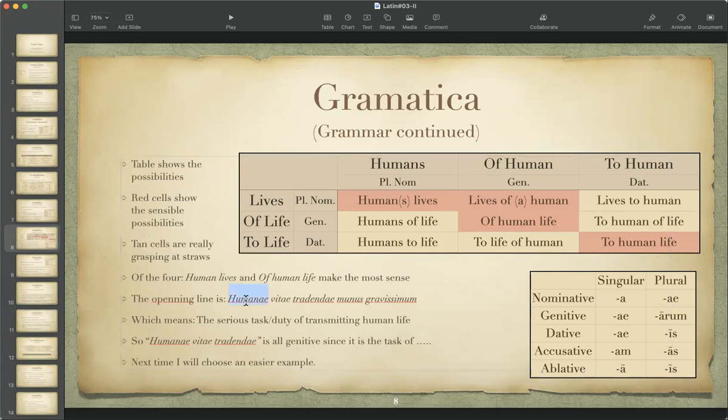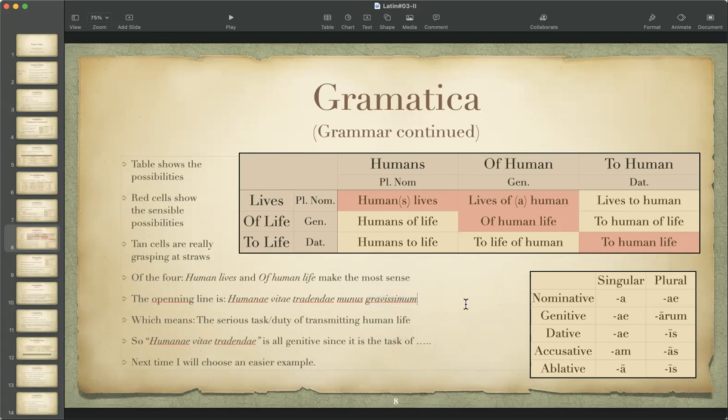And so the whole opening line is Humanae Vitae tradendae munus gravissimum, which probably doesn't make a lot of sense to most of you. I will hint that gravissimum is where we have gravity, grave, serious.